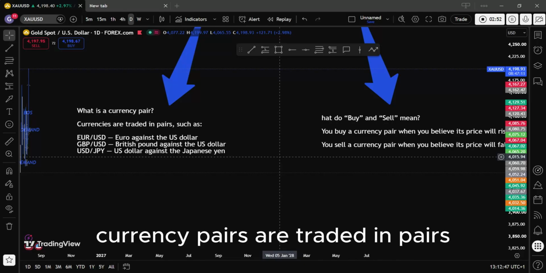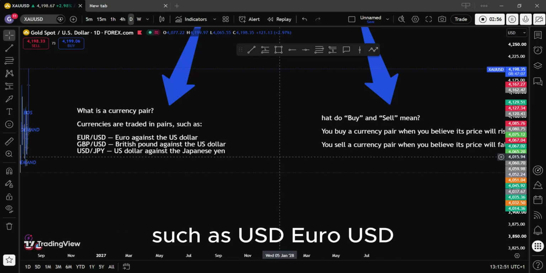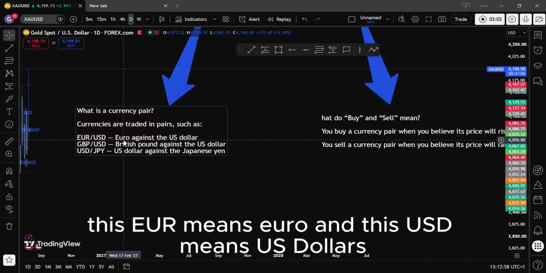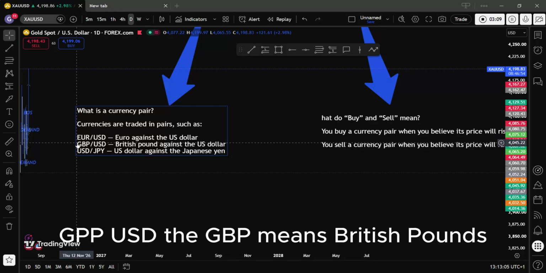Currency pairs are traded in pairs such as EUR USD. This EUR means Euro and this USD means US dollars. GBP USD.